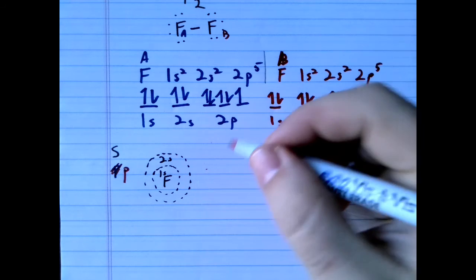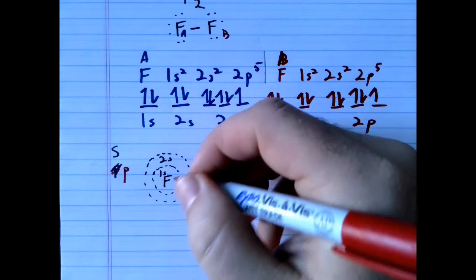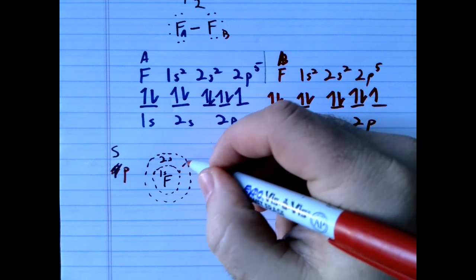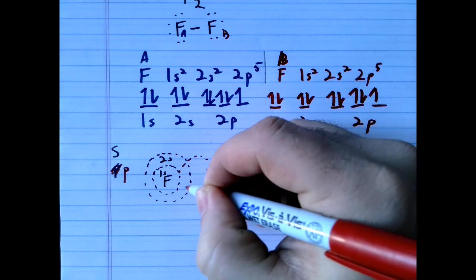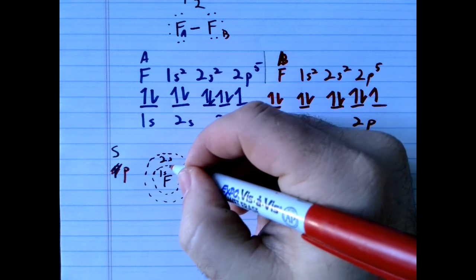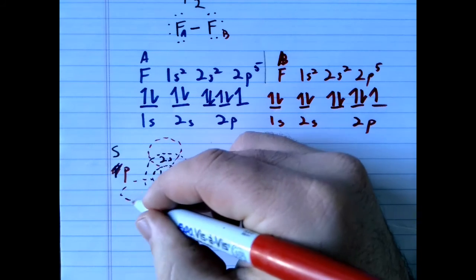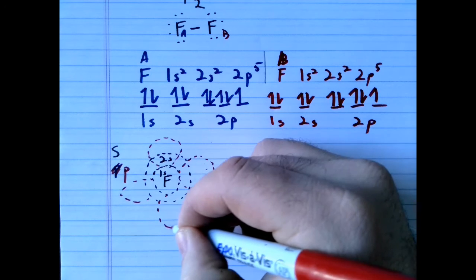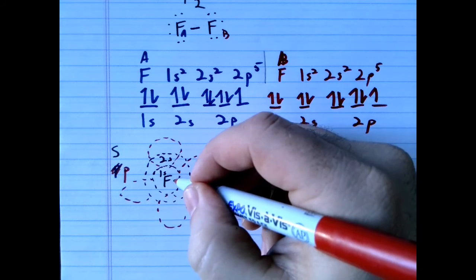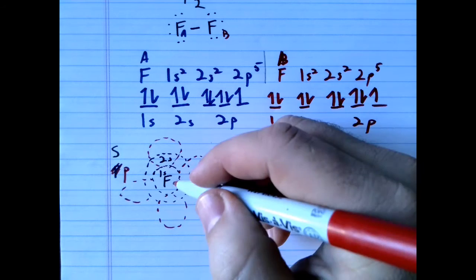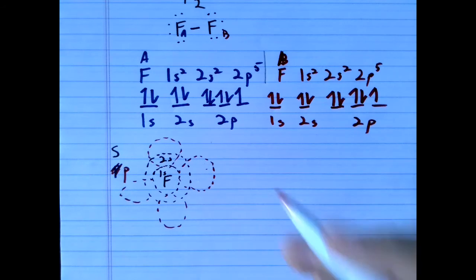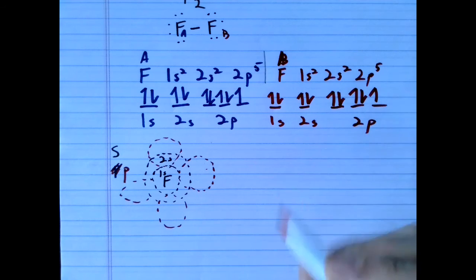Then my p orbitals, I've got all 3 have electrons in them. So they kind of come out like this. You'll have to imagine one coming out of the page at you and one going into the page away from you. My orbitals organize themselves like this.